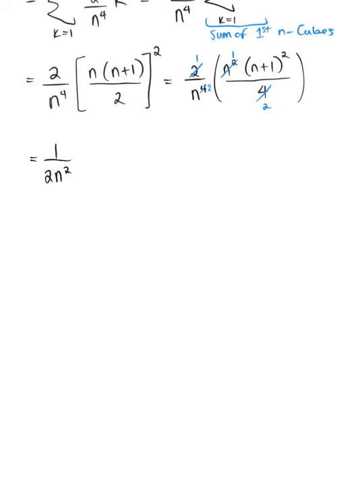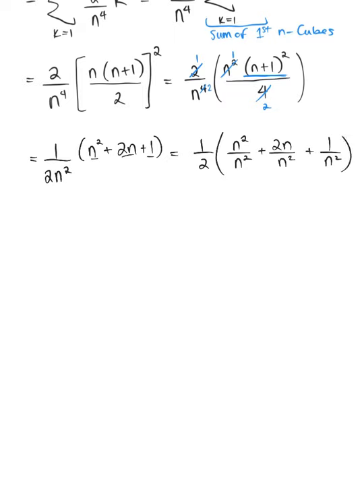And now we can go ahead and expand this binomial product. So I have n plus 1 times n plus 1, which gives us n squared plus 2n plus 1. And again, keep in mind here, we know we want to take the limit. So I'll leave this constant 1/2 on the outside, and we'll distribute 1 over n squared through to each term of our quadratic. So this will be n squared over n squared plus 2n divided by n squared plus 1 over n squared.